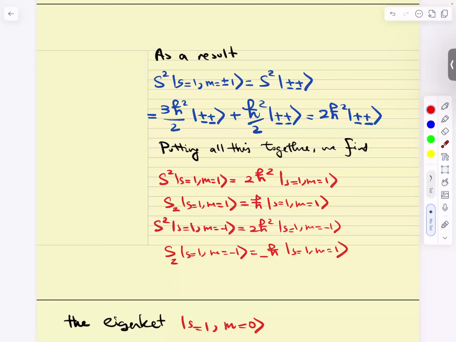All right, so these kets correspond to J equals 1. How about M? Look at this one: SZ acting on |J,M⟩ gave Mħ times |J,M⟩. Comparing these two equations, what is M? Plus plus has M equals plus 1, and minus minus has minus 1. So this notation is justified. The ups and downs are okay.